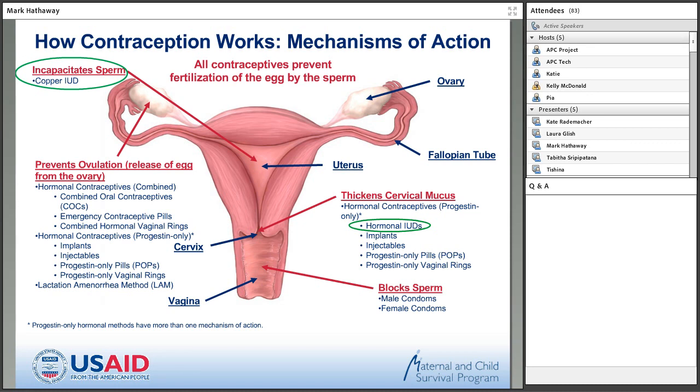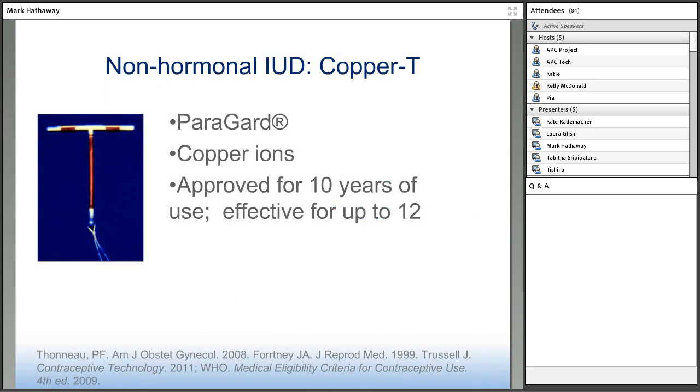The other two categories are the methods that prevent ovulation, on the far left, and the methods that block the sperm, at the bottom right. All four types of methods function by preventing fertilization, and this also helps to explain to folks that none of these methods cause abortions.